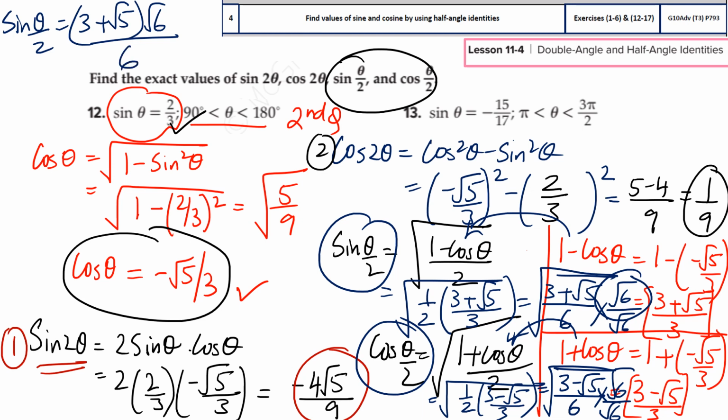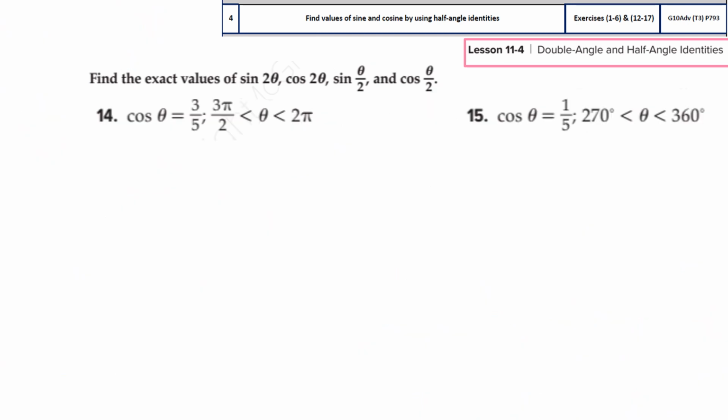Similarly, this one, cos theta by 2, will have the same answer. The difference is the sign. So 3 minus square root 5 over 6 square root 6. So that is the complete solution for question 12. Similarly, do question 13.